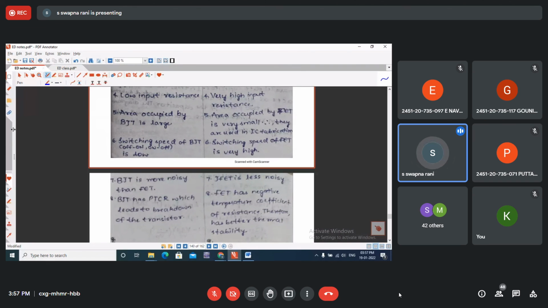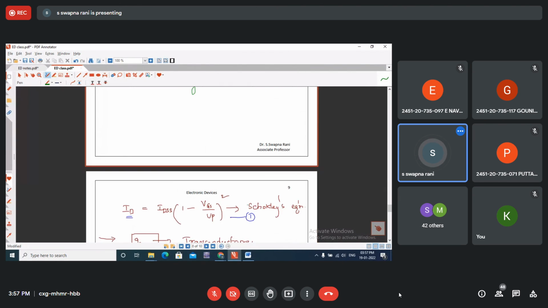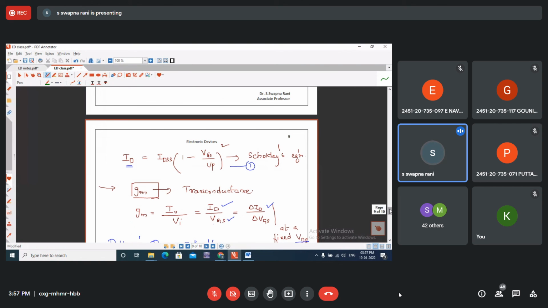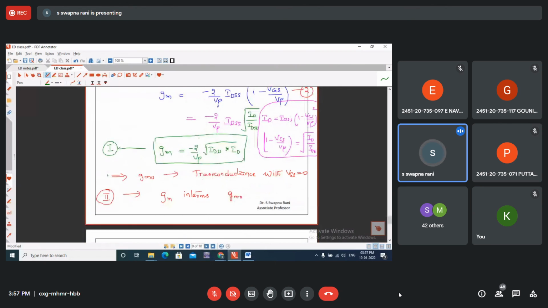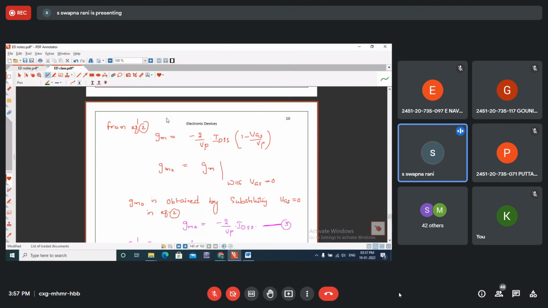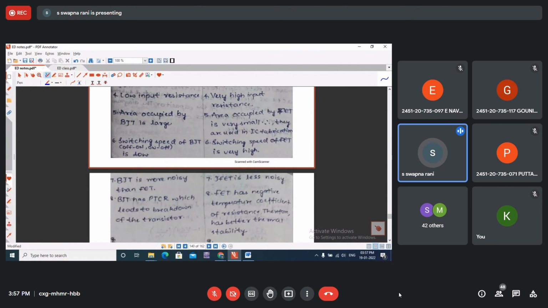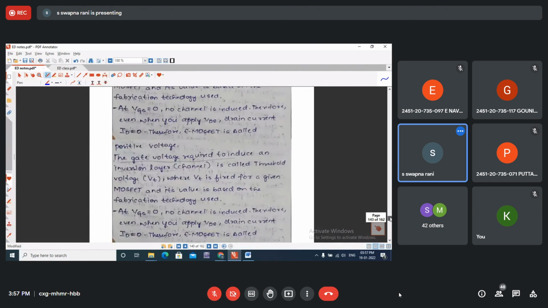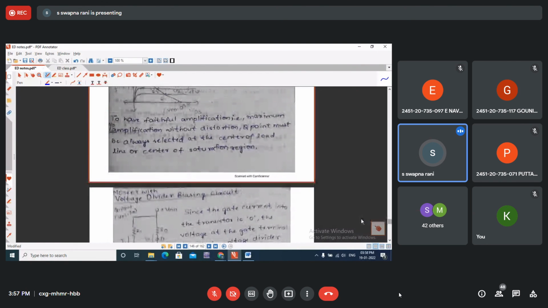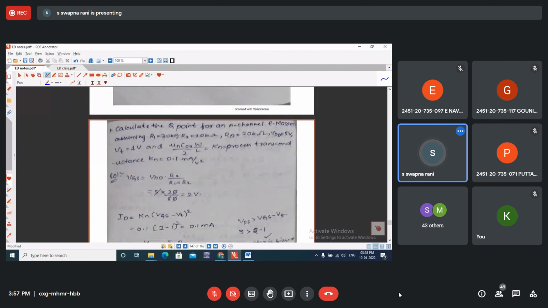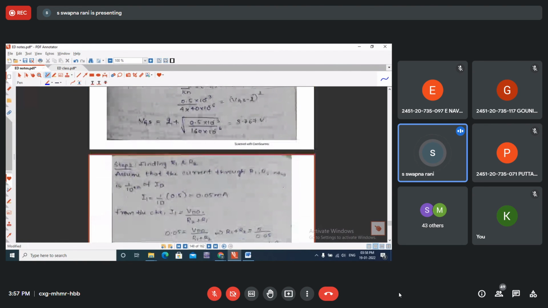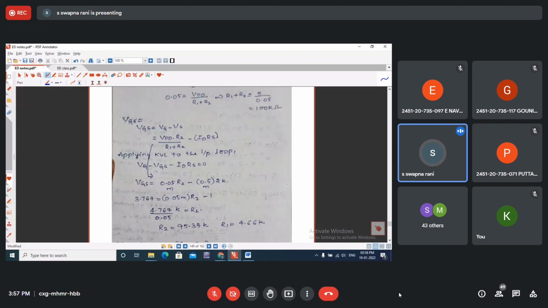It is called low frequency because this model is applicable only up to audio frequencies. So that is why it is called the low frequency small signal model.